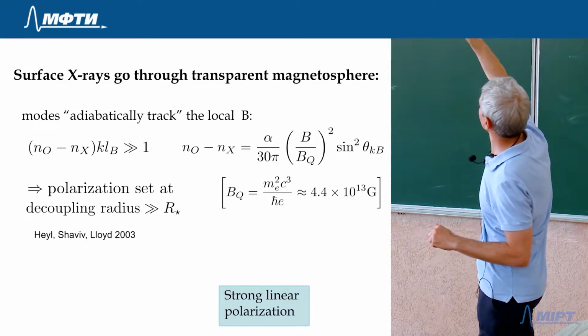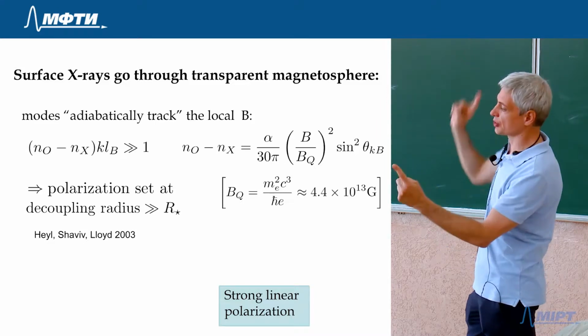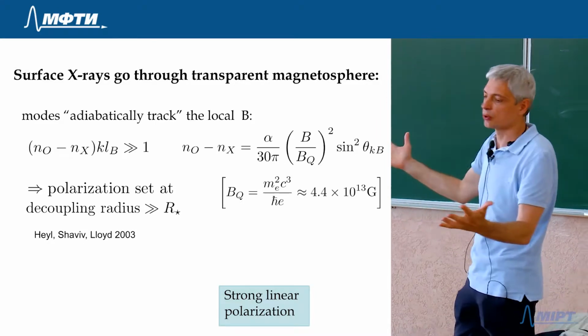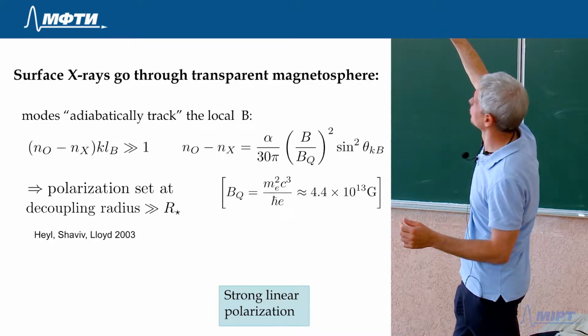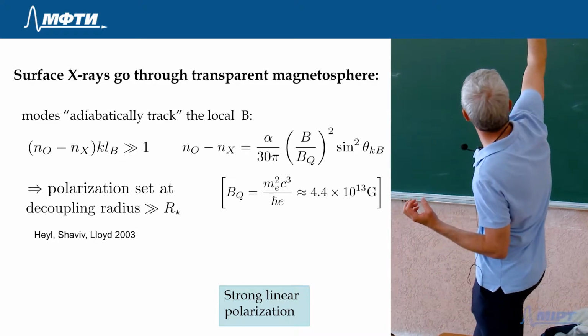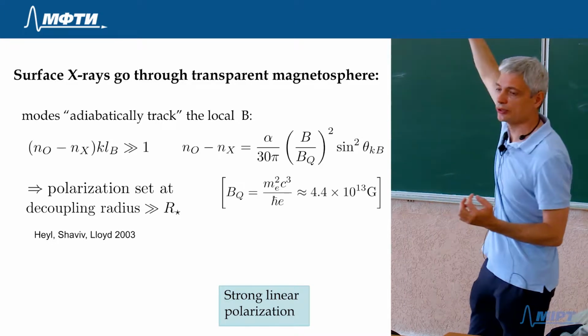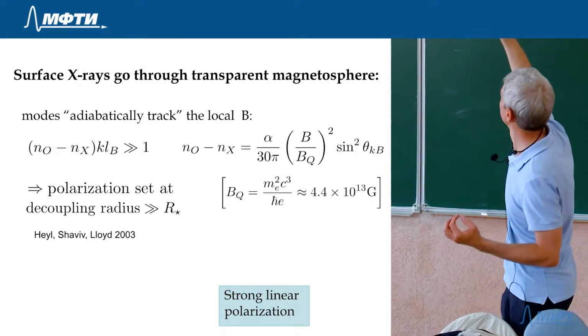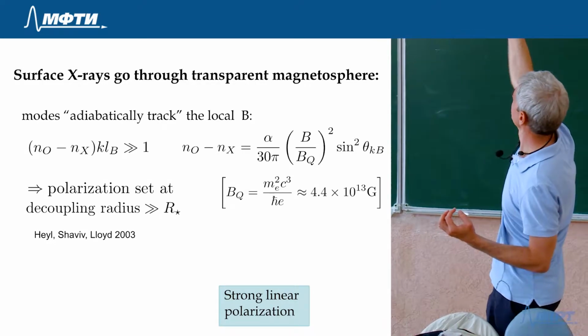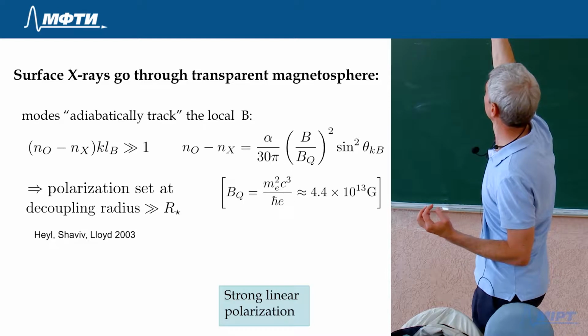And as long as K times the characteristic scale of magnetic field change, which is roughly the radius of the star, times the small difference between the O and X mode refraction indices, which is written here, this is the result of a nonlinear QED calculation. This is the vacuum polarization effect which I talked about. And it turns out that you can explicitly calculate and get this nice simple formula.